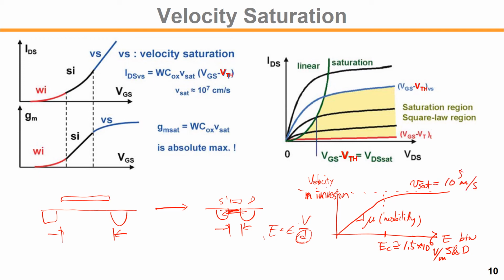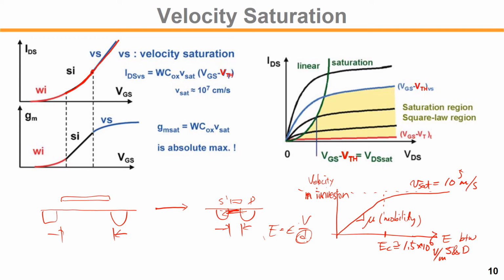Once the velocity is saturated, the current doesn't increase as much as before. In strong inversion it followed a square law model, but once the gate voltage is too large and the drain voltage is large, the current becomes linearized.